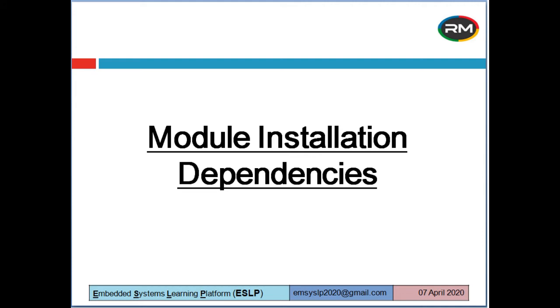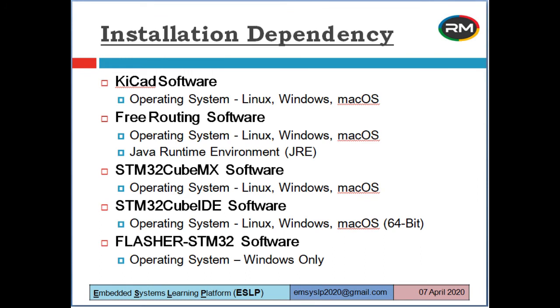Though the software modules are very easy to install, there may be a few dependencies that users should know and resolve in order to have an error-free installation. A few among these are like this. Most of the software is available for almost all the operating systems and needs no extra installation.